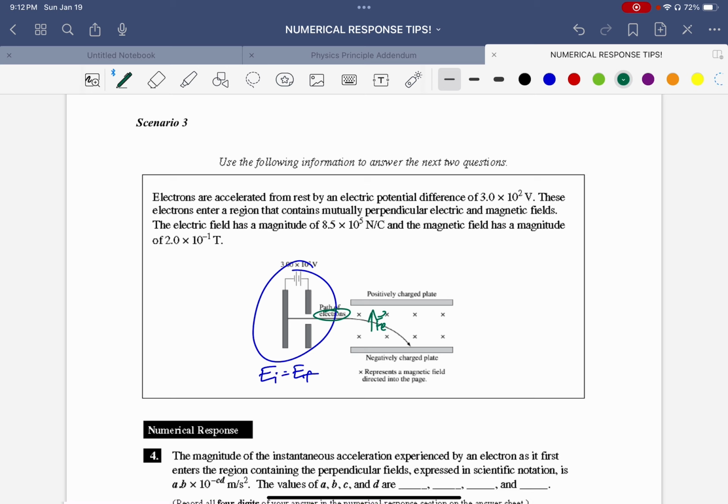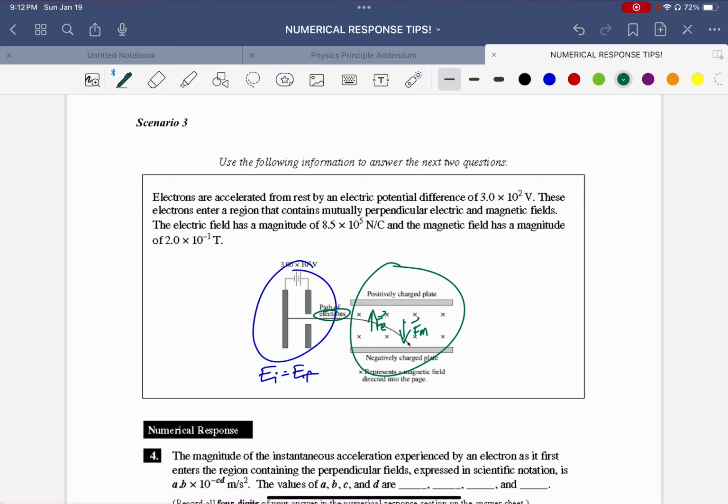But if you use the deflection rule, the magnetic force will be downwards. Thumb in the direction of the particle, fingers field, palm points downward. We have an electric force acting upward, a magnetic force acting downward, but I think it's pretty clear that the net force is downward on it.